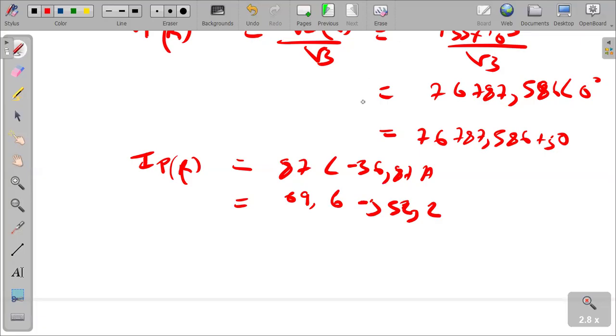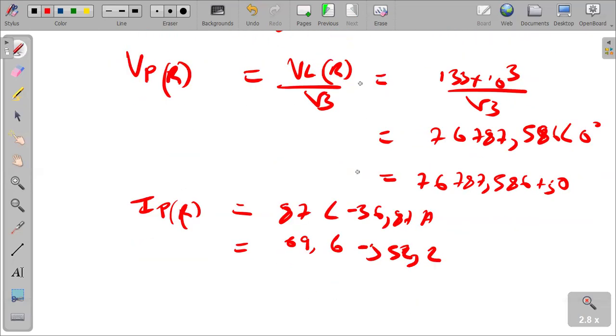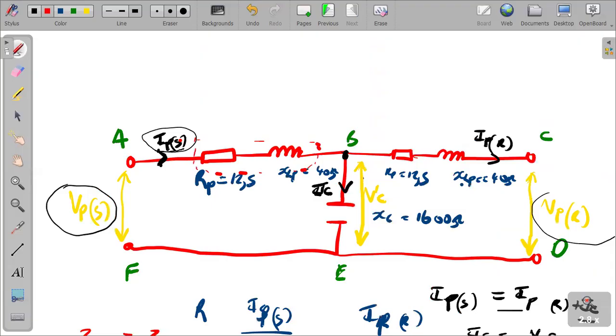So what is the next calculation? We now want to calculate VBC, the voltage across the two points B and C, which are these ones.